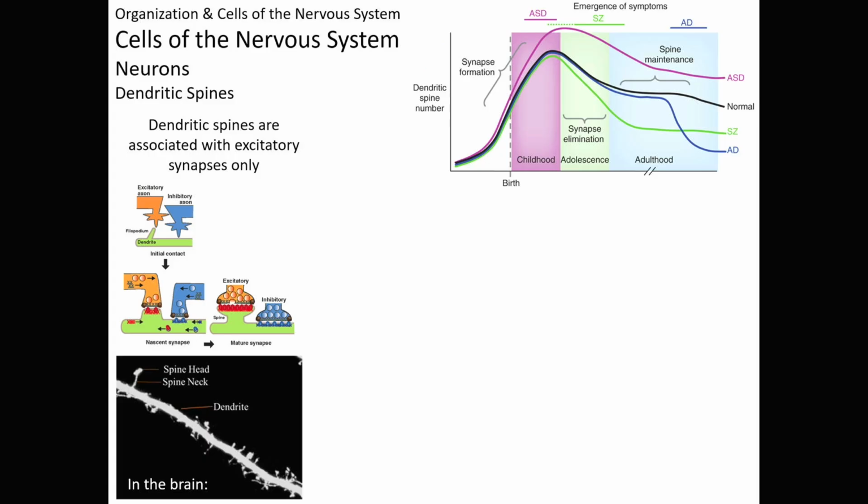What you'll notice is that in utero, during gestation, we see a rise in dendritic spine numbers, and that appears to continue even after birth into early childhood. But if we follow this normal curve, the black line, we eventually get to peak dendritic spine number, and after that we start to see the number come down, and they use the term synaptic elimination here.